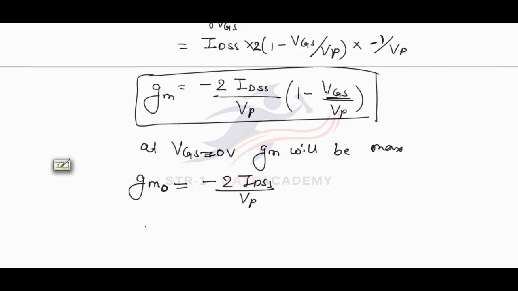So now I can write transconductance GM equal to GMO into (1 minus VGS upon VP). Well, this term GMO is maximum transconductance.